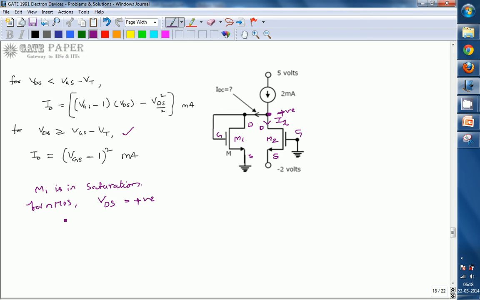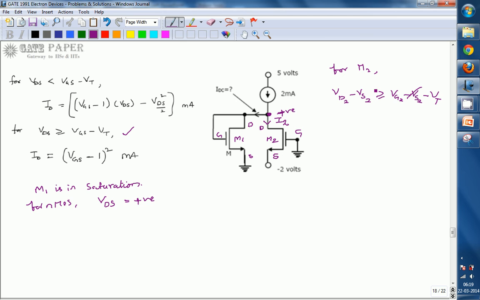Next, come to M2. For M2, we have to check whether it is in saturation or active region, that is triode region. The condition is again that VDS should be greater than or equal to VGS minus VT. So VDS you can write as VD2 minus VS2 should be greater than or equal to VG2 minus VS2 minus VT.